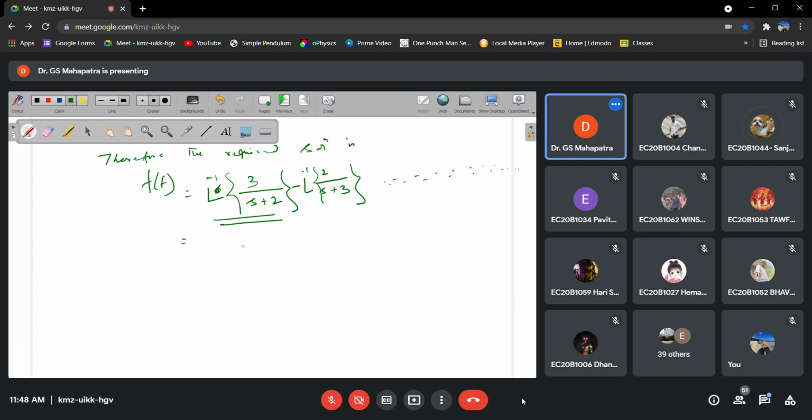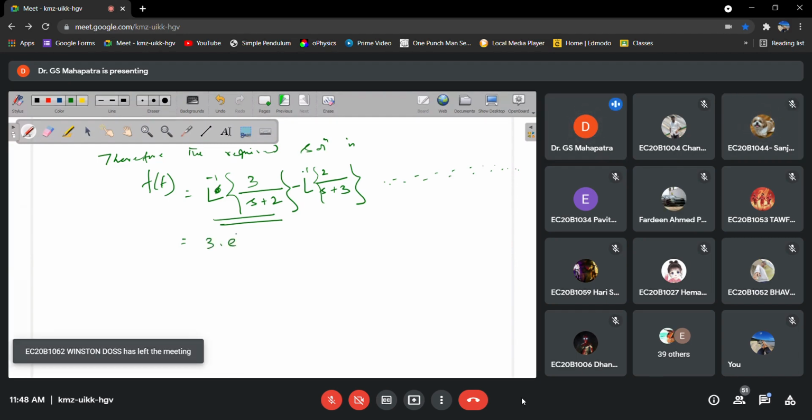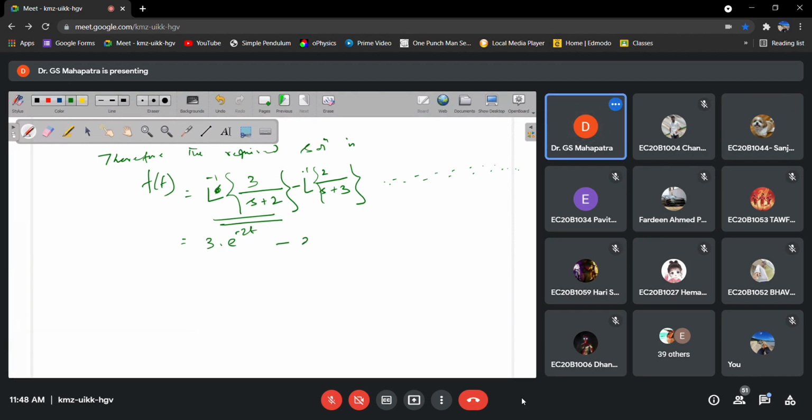Which one, sir? I have given underline. You just check it. Laplace inverse of that, sir: 3 into e power minus 2t, sir. And the next one is minus 2 into e power minus 3t. Okay. So now I am waiting for the rest part.